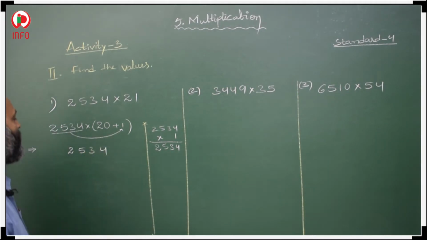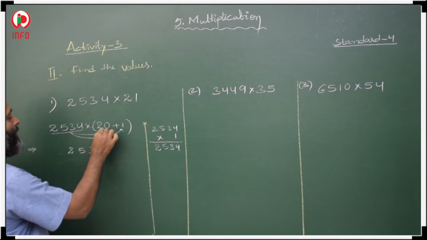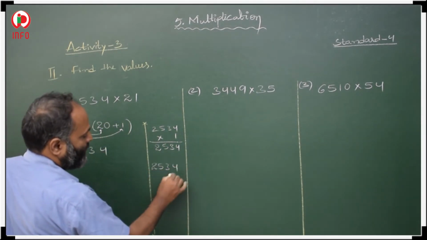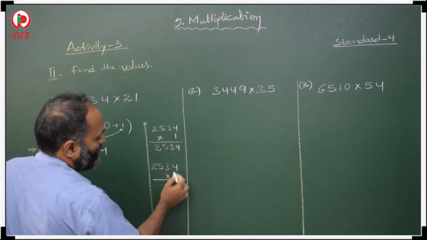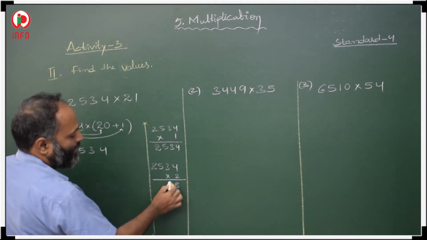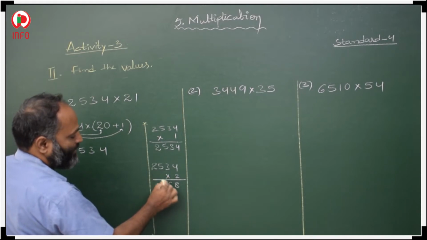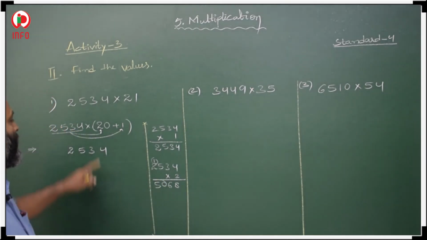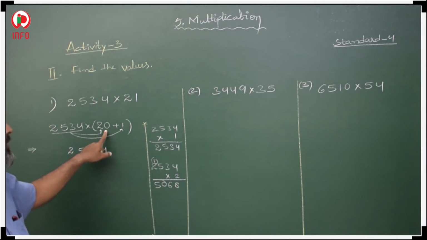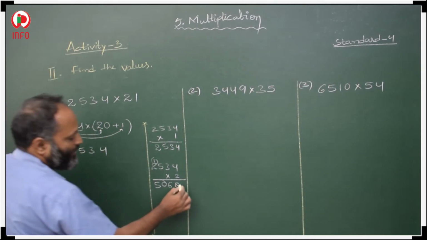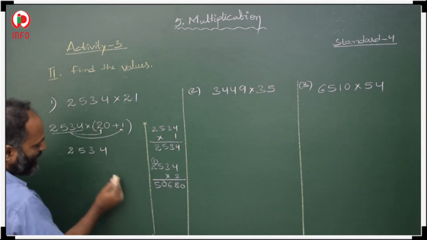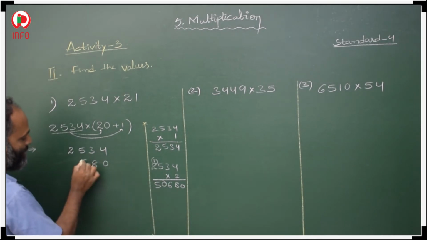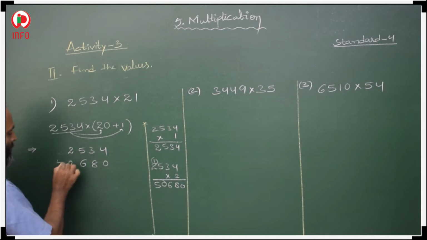Then after that multiply with 2: 2 4 za 8, 2 3 za 6, 2 5 za 10, 0 and 1 carry, 2 2 za 4 plus 1 is 5. Here how many zeros are there in 20? One 0 is there in the product, so you keep one 0, that is, you start your writing from here: 0 8 6 0 5.